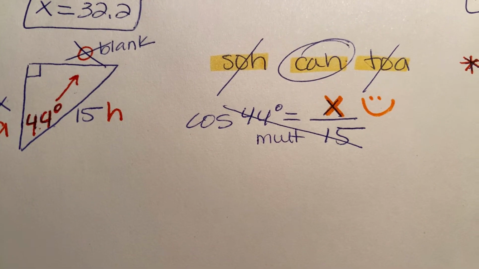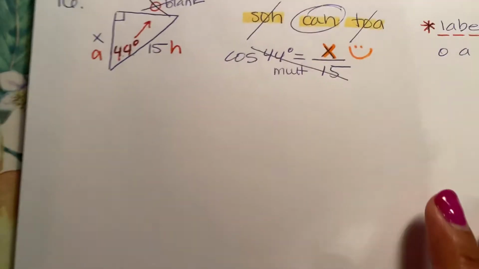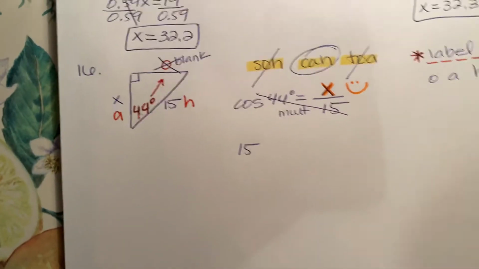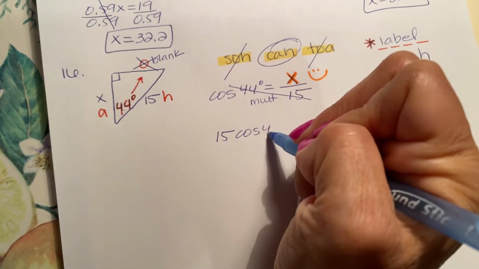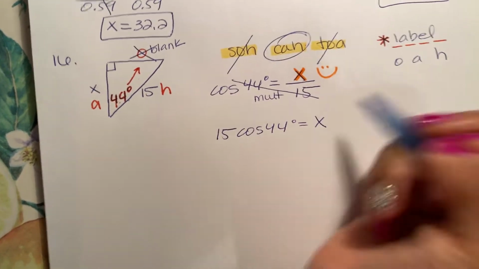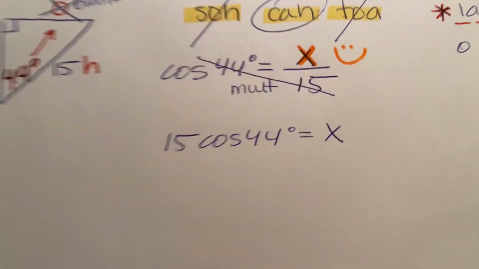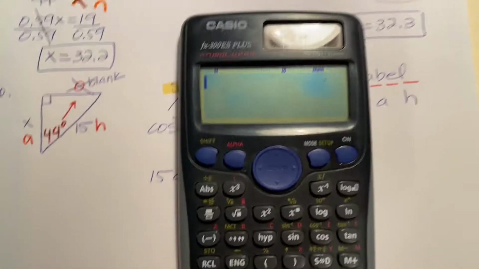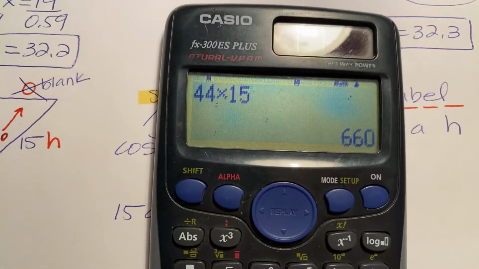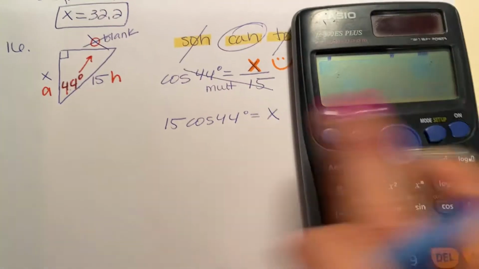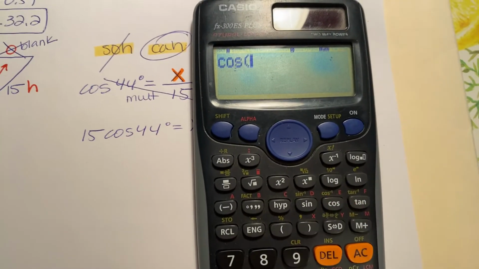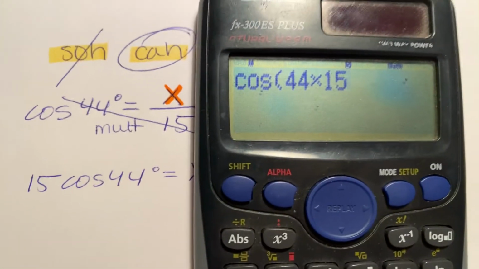It's on top. Okay, so just like I went over in class, please put the 15 in front of cosine of 44, because if you put it in the back, and here's what I mean, let's see, what's 44 times 15? 660. Okay, if you put it in the back, cosine of 44 times 15, you see that?